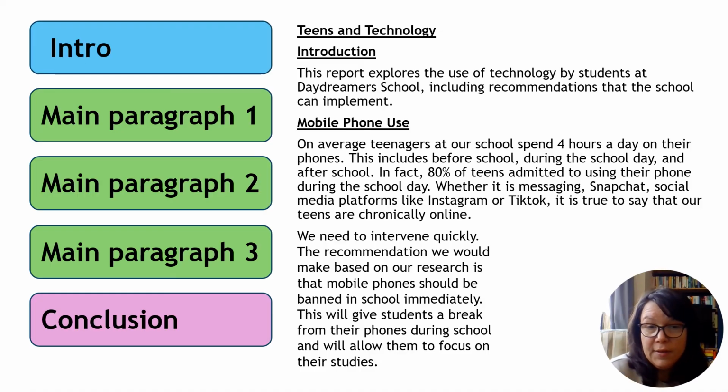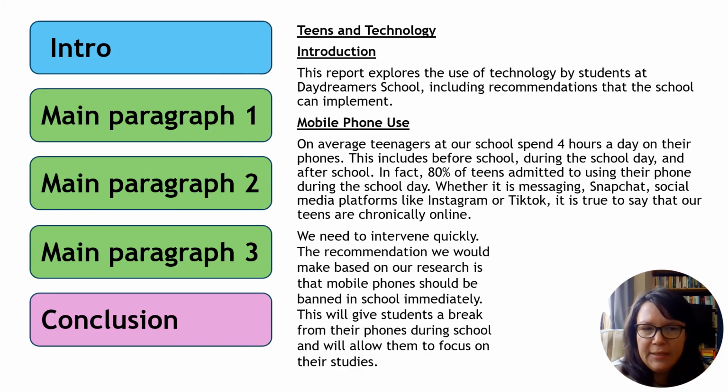Then you go into your first idea, and again, give it a subheading, so mobile phone use. On average, teenagers at our school spend 4 hours a day on their phones. This includes before school, during the school day, and after school. In fact, 80% of teens admitted using their phone during the school day, whether it is messaging, Snapchat, social media platforms like TikTok and Instagram. It's true to say that our teens are chronically online.